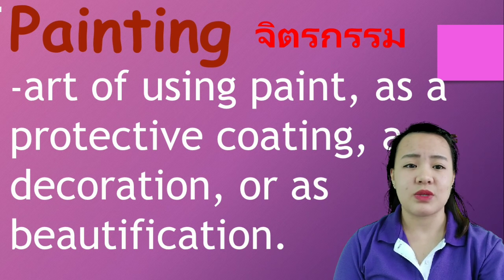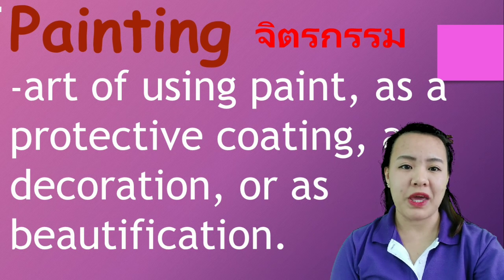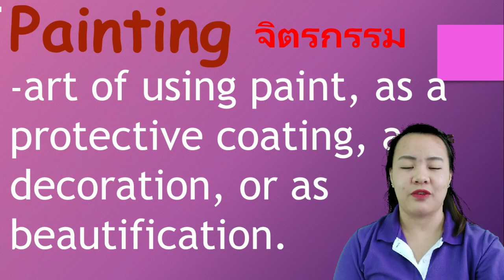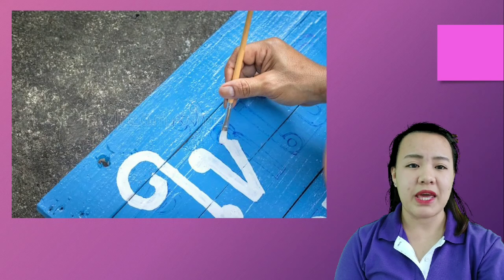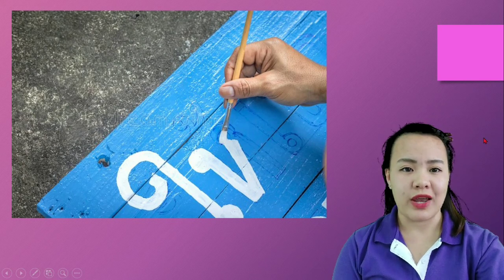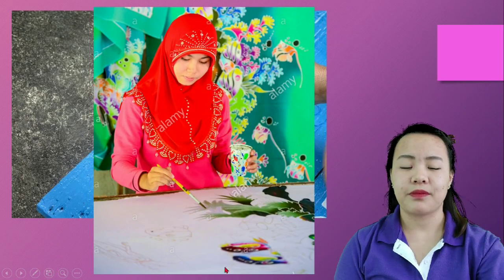You can see this one as decorations, and we use painting to make our room or a place beautiful. Let's take a look at some examples. You use painting also in writing letters, for letterings. Next, another example. Next, this one, wall decoration.